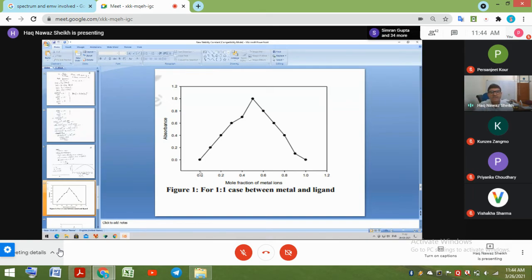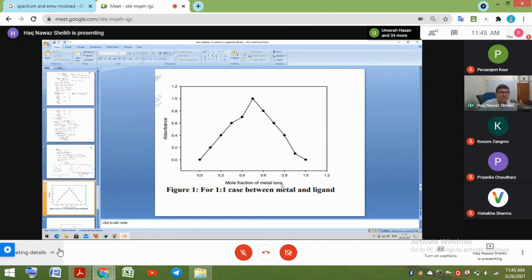It is not 0 because mole fraction cannot be 0. Mole fraction has a value greater than 0 and less than 1, and mole fraction cannot be more than 1. So 1.2 means it is concentration. So the maximum of the curve is happening at 0.5. So the complex is 1:1.